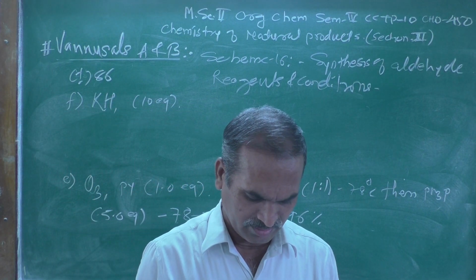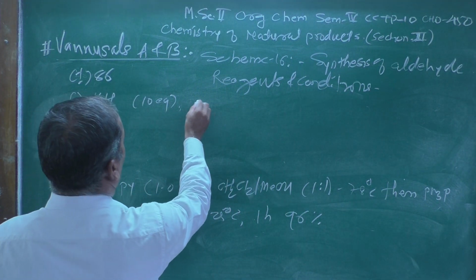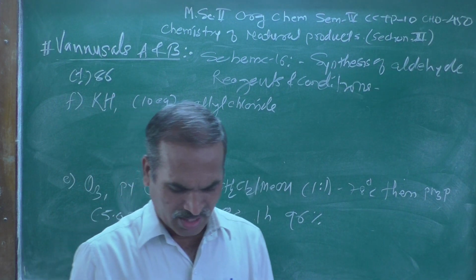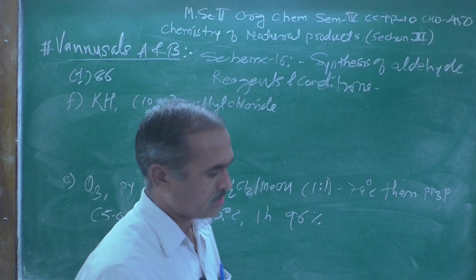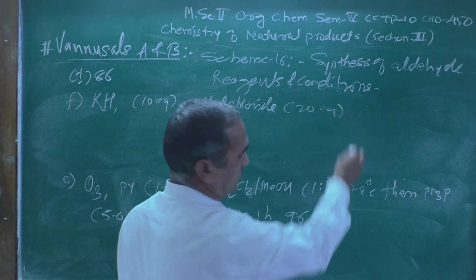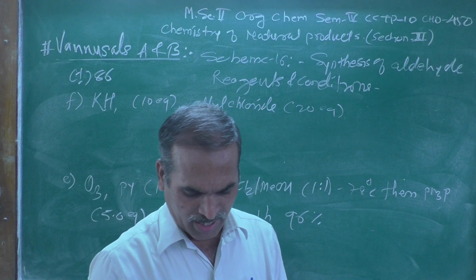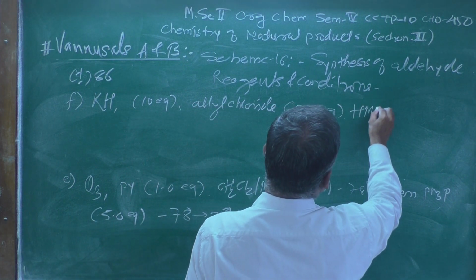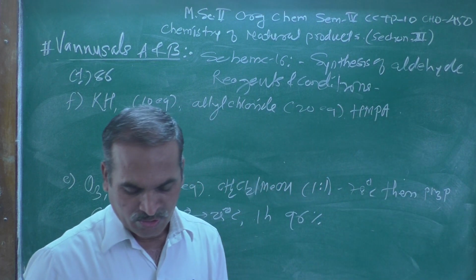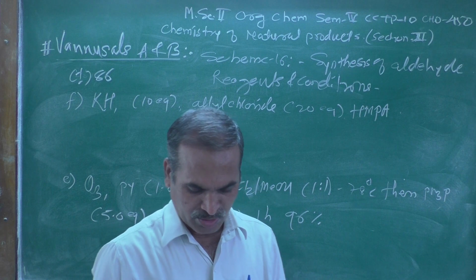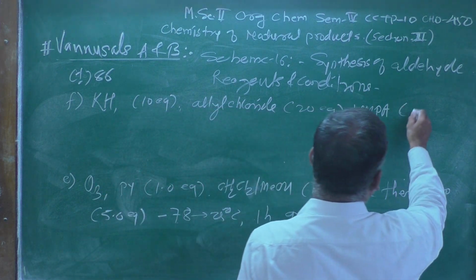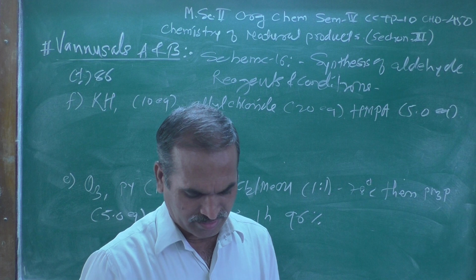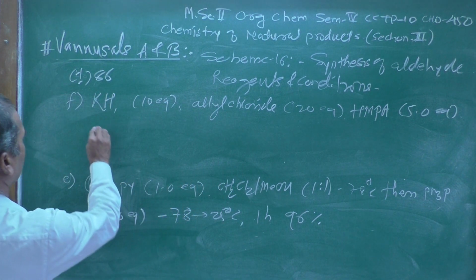Another reagent added over there is allyl chloride, which was taken around 20 equivalent, followed by the additive HMPA, hexamethylphosphoramide, which was taken around 5.0 equivalent, and after that DME was added.